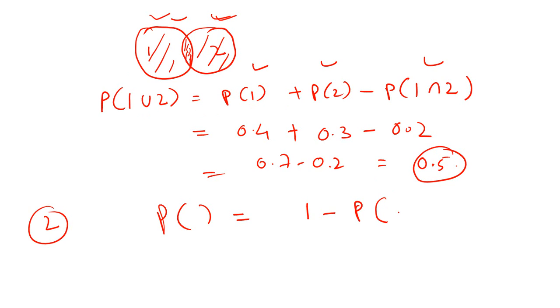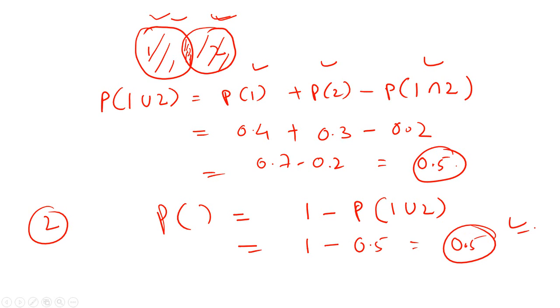So that means 1 minus probability of 1 union 2, which is 1 minus 0.5, which is 0.5. So probability that one would get the answers wrong is 0.5.